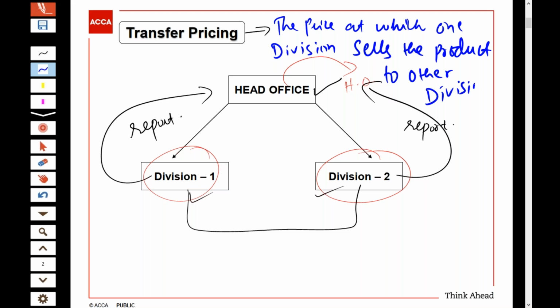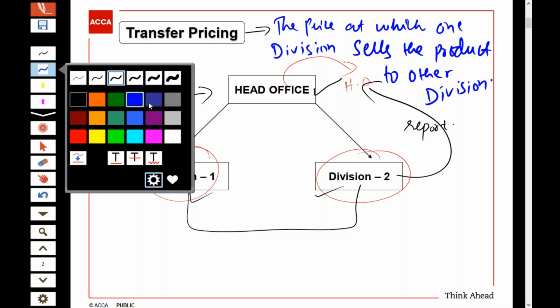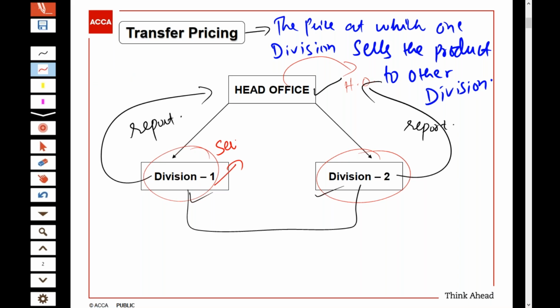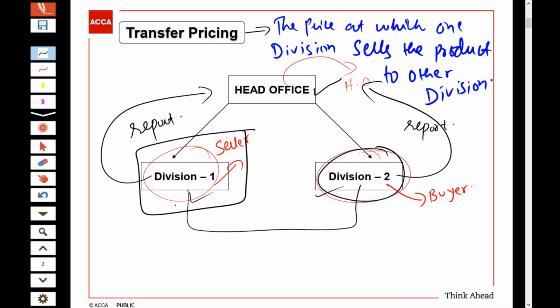Now let's say, for example, this is my division number 1, assuming this is my seller division, and this is my buyer division. Now what will happen if division 2 needs any product? They can contact division 1, and division 1 will sell.